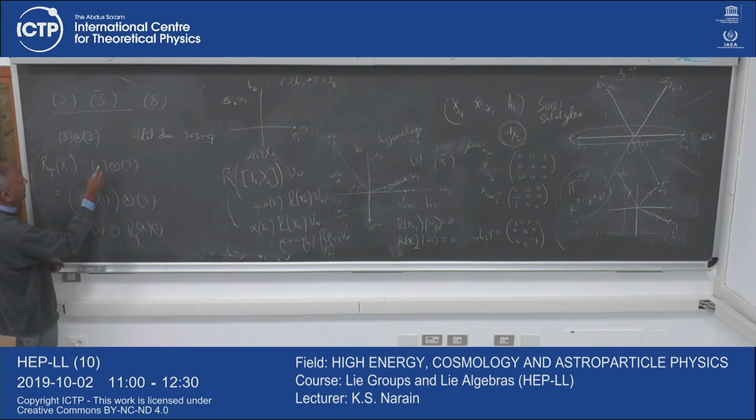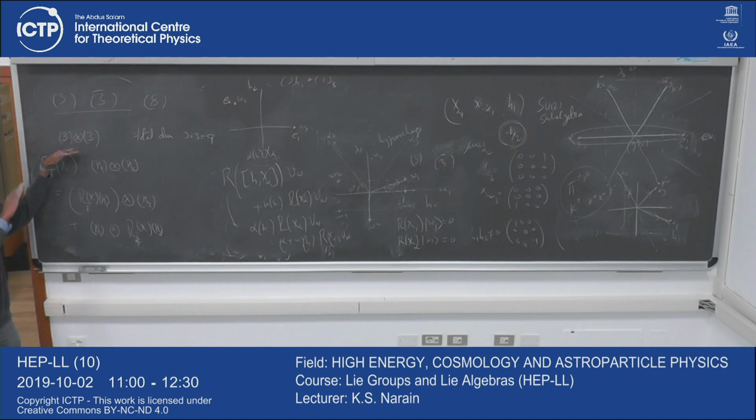In general, let me call them N1 and N2 dimensional representations. Then it is the first representation acting on the first factor, plus the second representation acting on the second. That's the general structure. It doesn't have to be the fundamental one, anything works. That's why I generalize it, but we wanted to look at the details here.